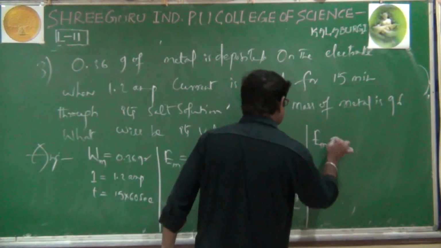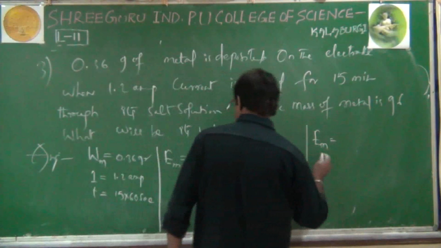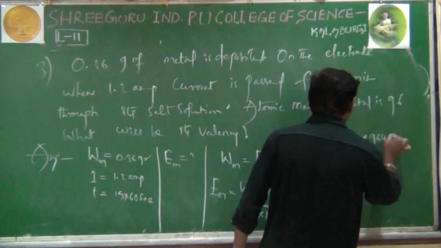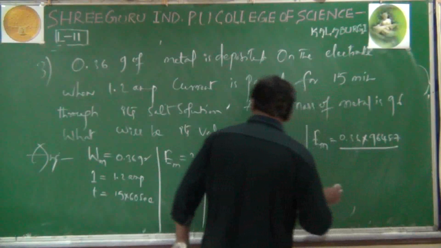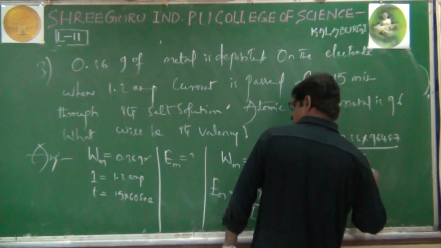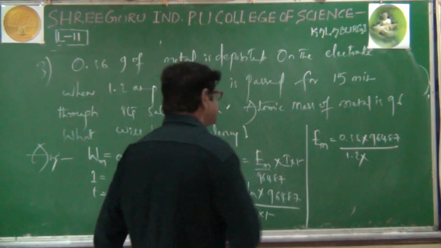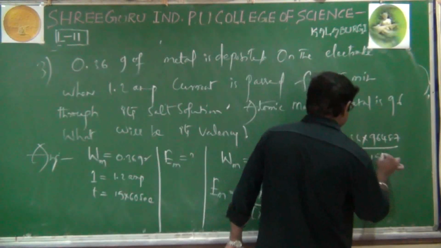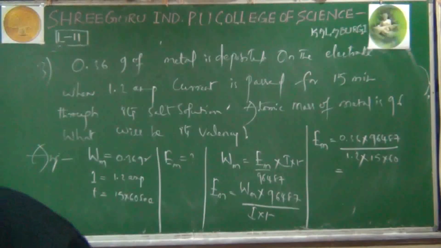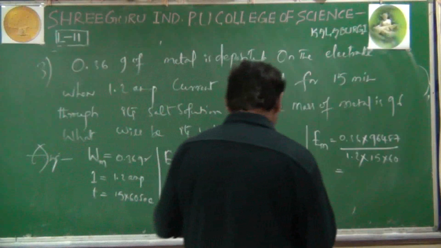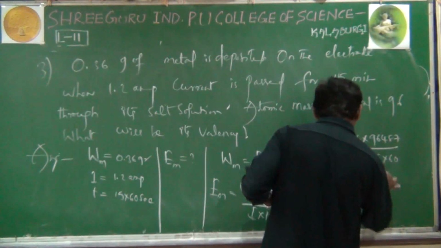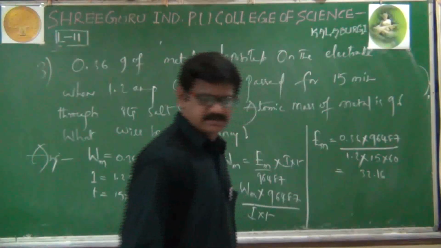Equivalent mass of metal is equal to 0.36 into 96487 divided by 1.2 into 15 into 60. If you simplify, you will get 32.16. This is the equivalent mass.